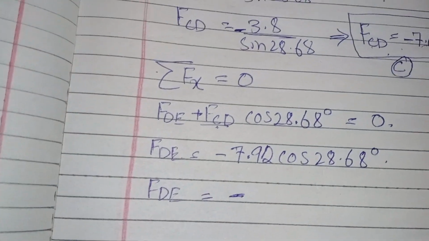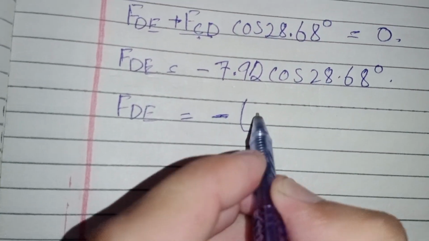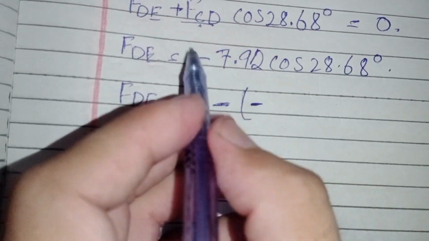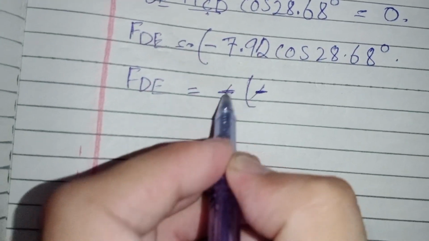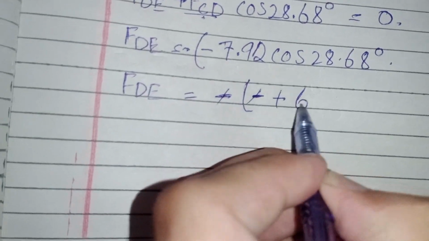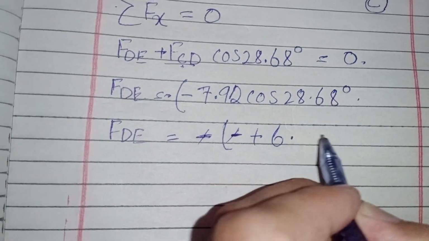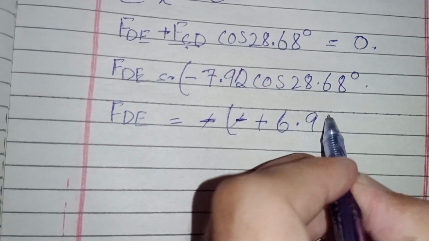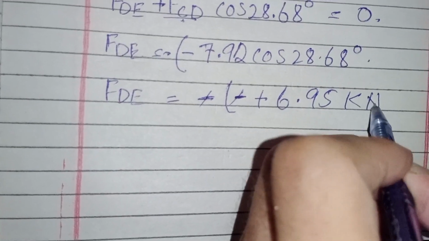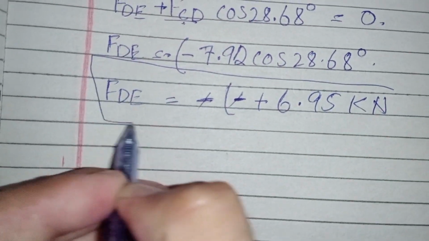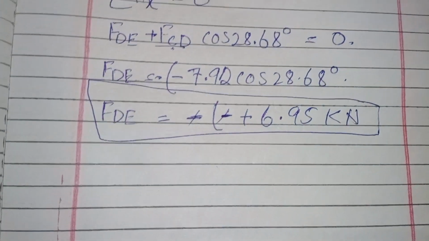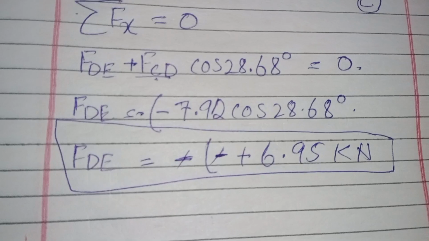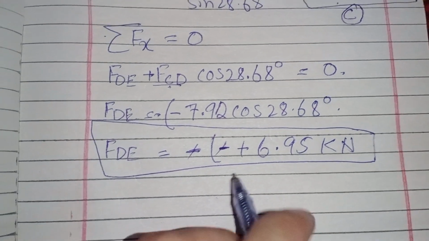Negative into negative cancels out, so FDE is plus 6.95 kilonewton. This is the second member force.